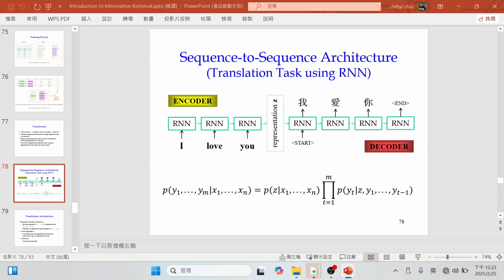You cannot process everything at the same time, which creates a bottleneck for efficiency. But in the transformer, they use the attention mechanism so that they can attend to all the tokens at the same time, which makes the encoder more efficient.